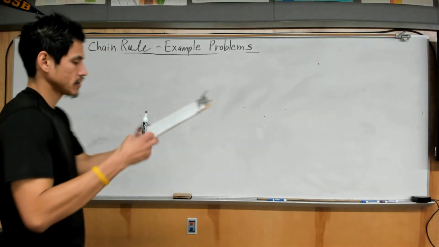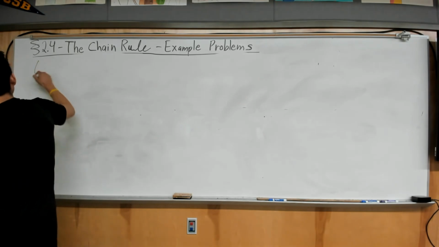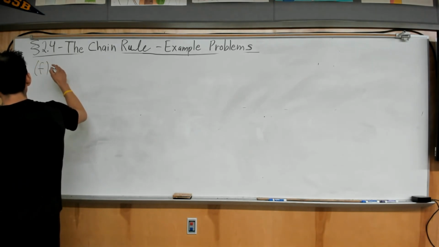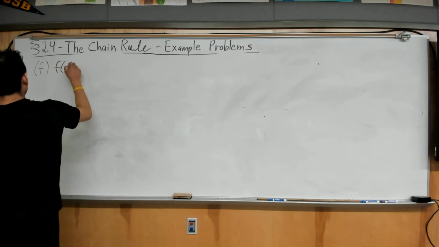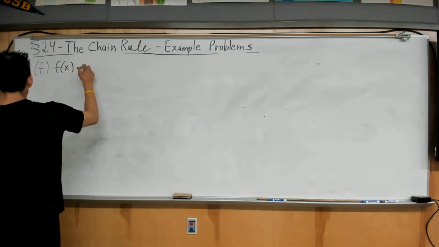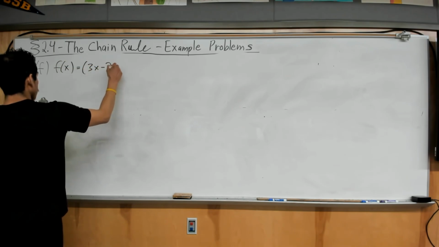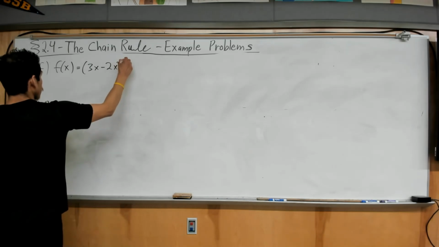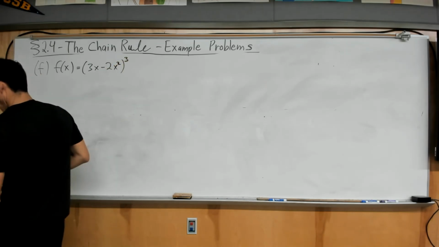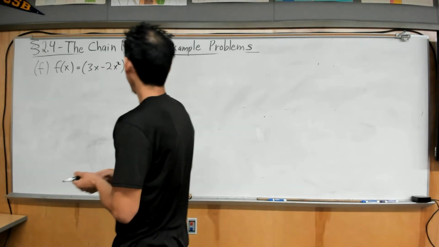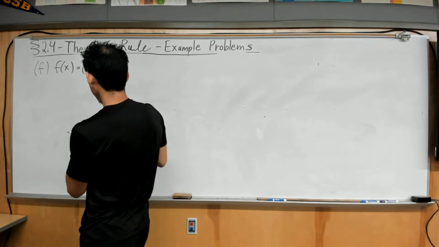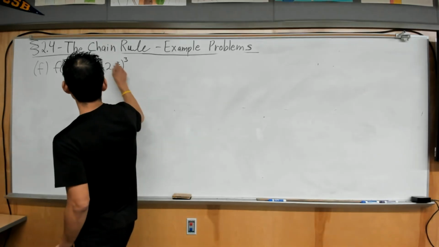And next we've got f of x, same thing, y, 3x minus 2x squared, to the third. Okay, so the outside function is a cube, and the inside function is this.